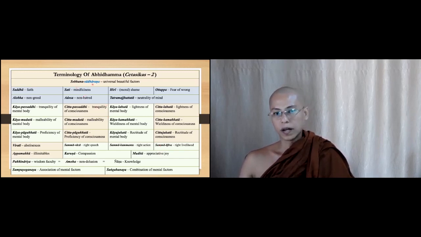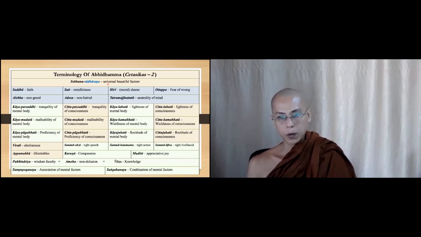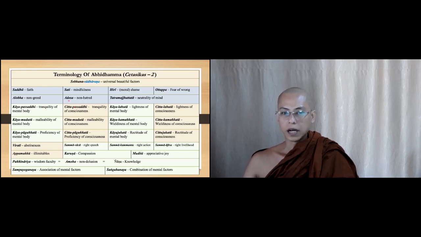Here the word sadharana comes again: Sobhana sadharana, so universal. Universal to all consciousness, sometimes universal to unwholesome, and here universal to beautiful factors. In this way, we can understand the word sadharana. These are the mental factors: Saddha, Sati, Hiri, Ottappa, Alobha, Adosa, Tatramajjhattata.